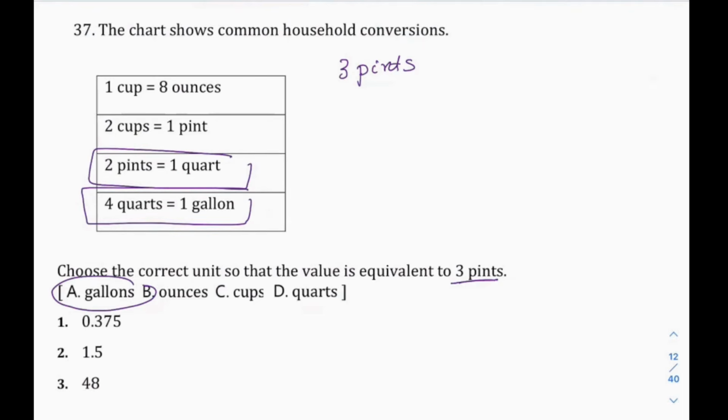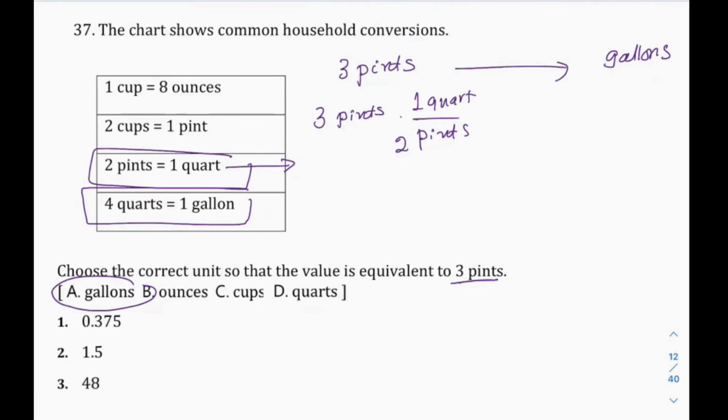So what I will do is, I have to end up with gallons, right? So I want to cancel everything except the gallons. So we will start with 3 pints. I want to cancel the pints, so using this, pints down: 2 pints is equal to 1 quart. And here he is saying 4 quarts equals 1 gallon.